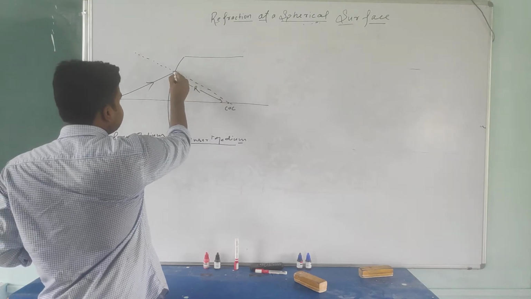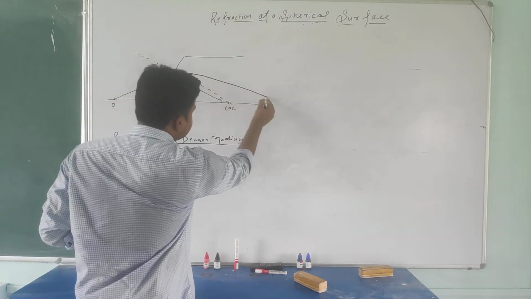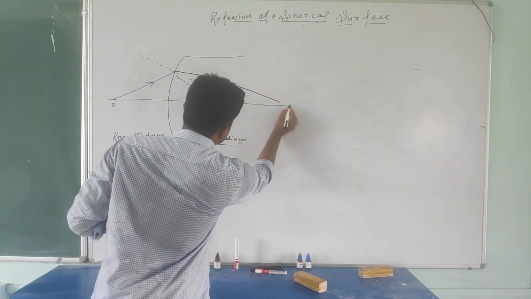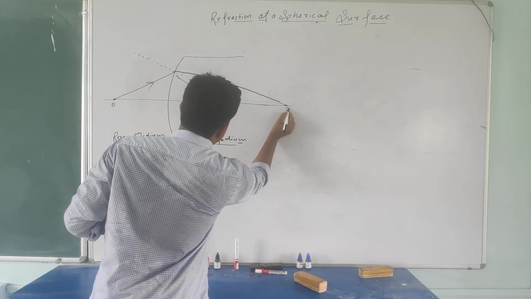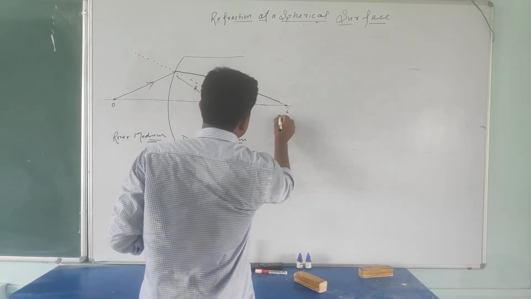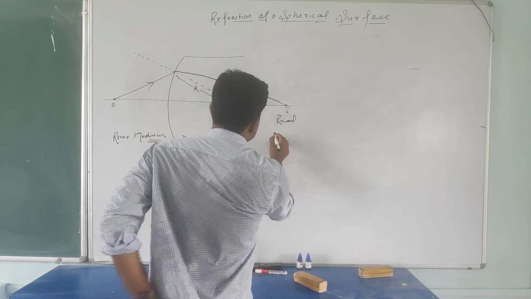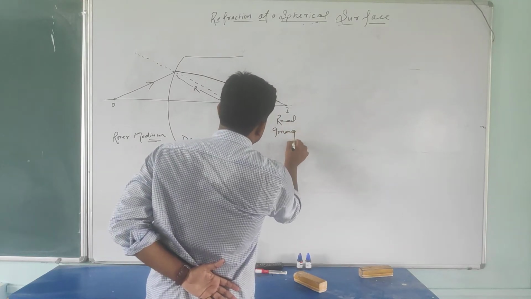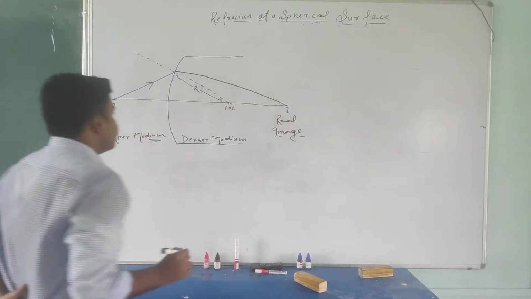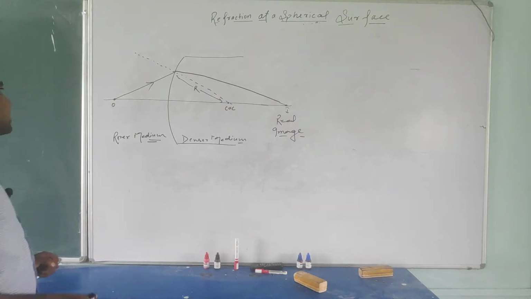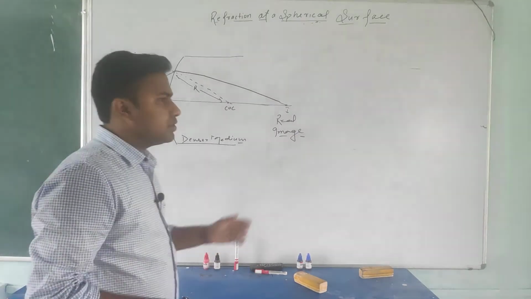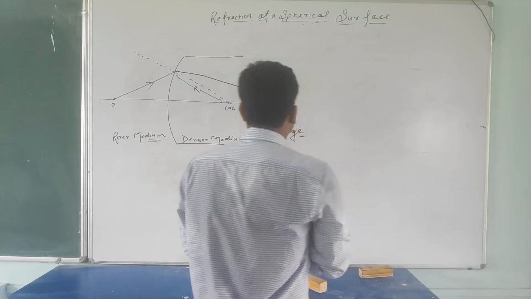It will tilt towards the normal and meet here. So the image will form at this point and this is the real image. So in this case a real image will form. Here we are putting a real object and a real image is forming.